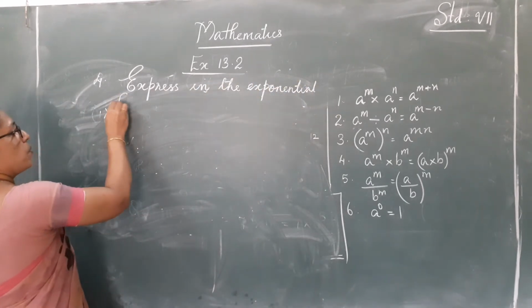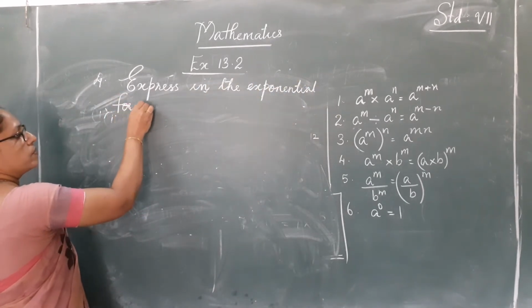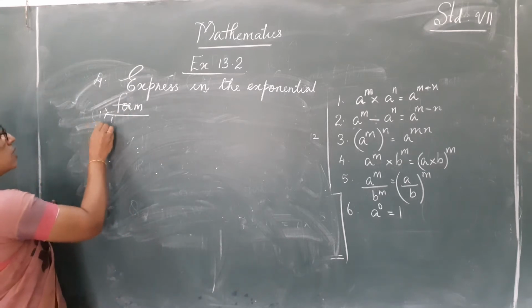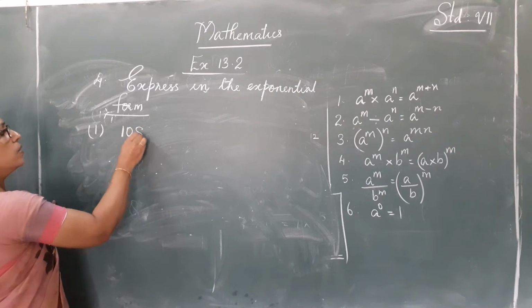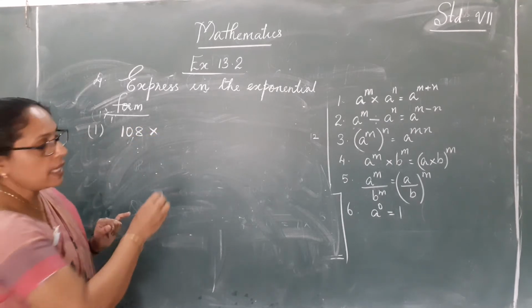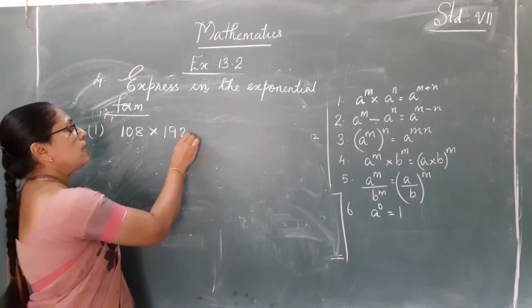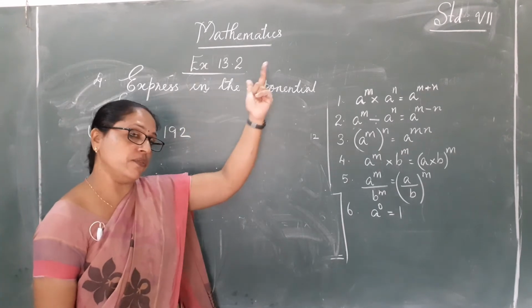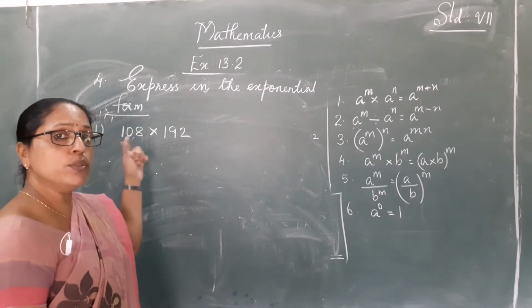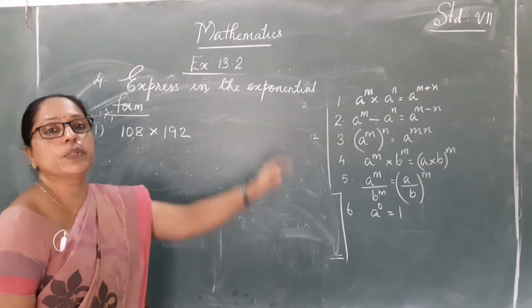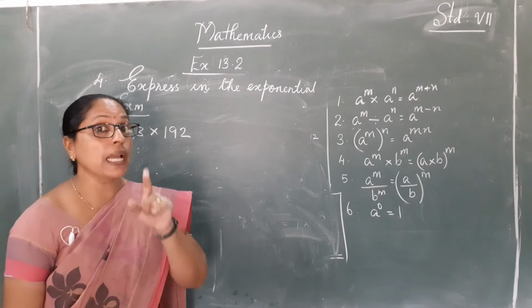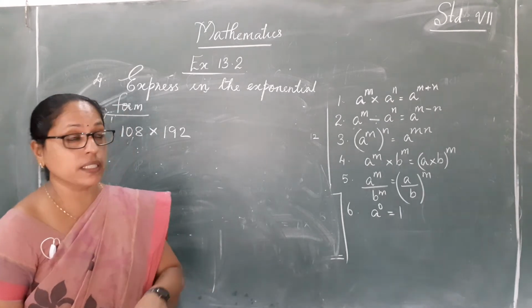First question, 108 into 192. Two normal numbers are given, which we have to put in the power form. When a simple number is given, how do we put it in the power form? Yes, that's called prime factorization, prime factors.